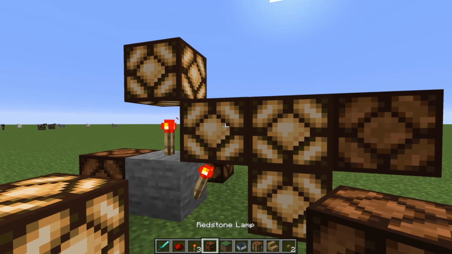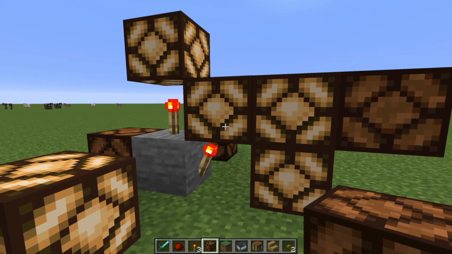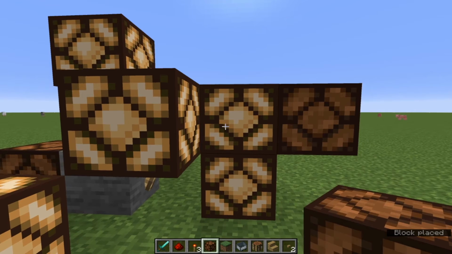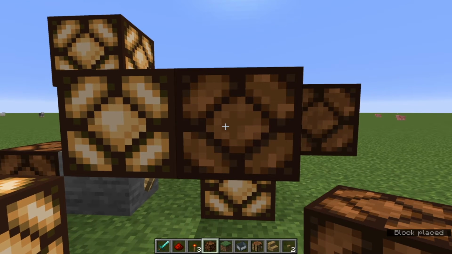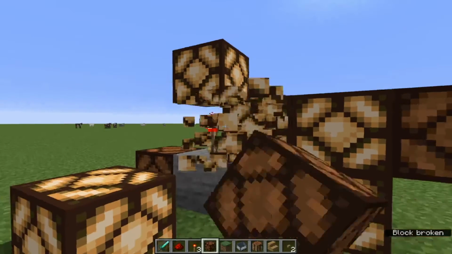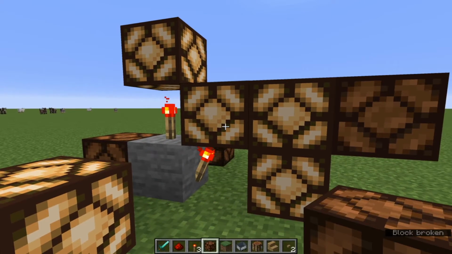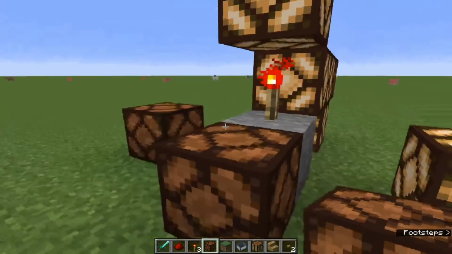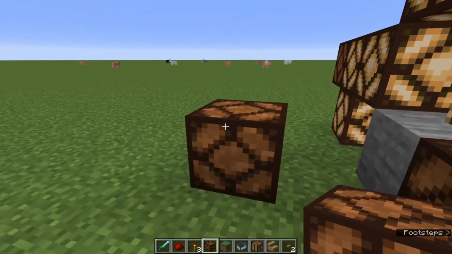If I were to place a redstone lamp directly next to this one, do you think it's gonna activate? You bet it will. How about here? Nope. You know why? It is not directly adjacent to your source, which is the redstone lamp in this case.